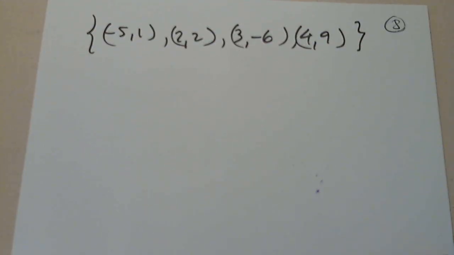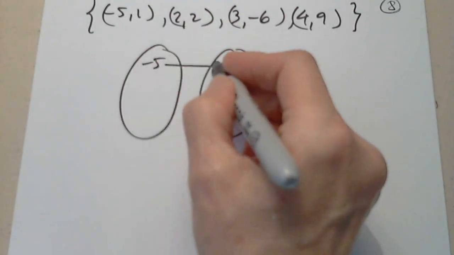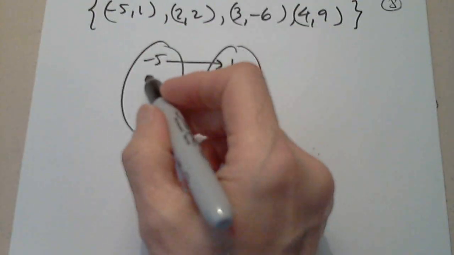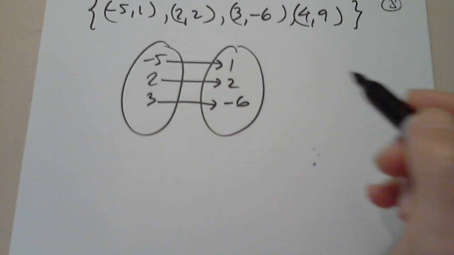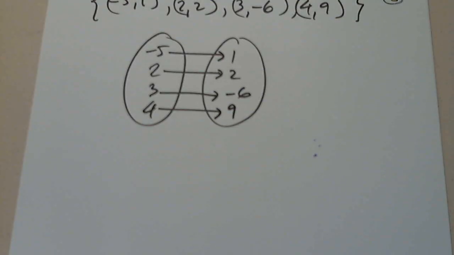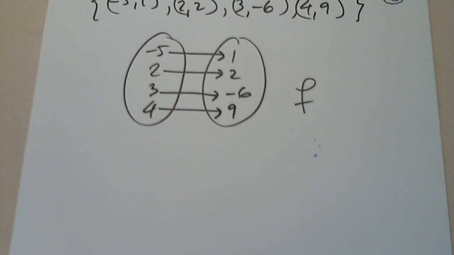There are other ways. -5 corresponds to 1. 2 corresponds to 2. 3 corresponds to -6. And 4 corresponds to 9. Function or relation? Function, of course. It is a function. Good. Any questions on this? So it's a function. And moving on.